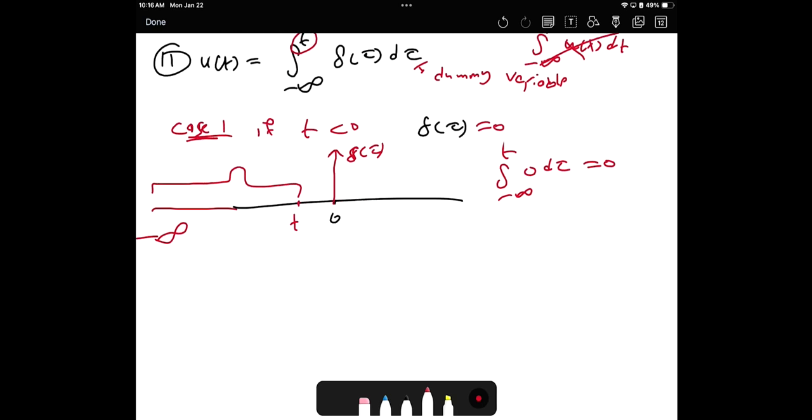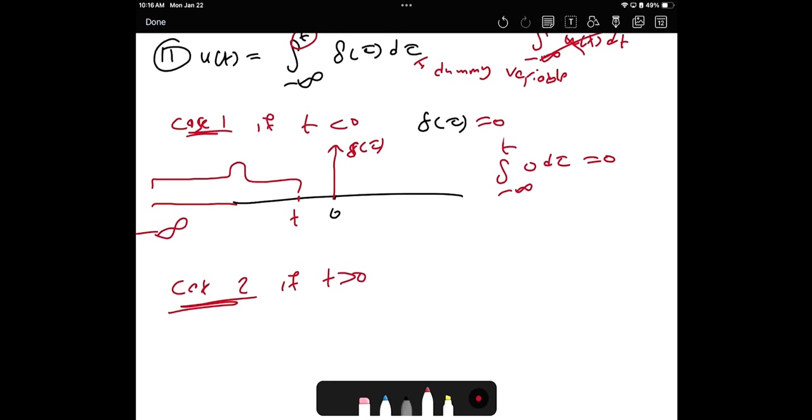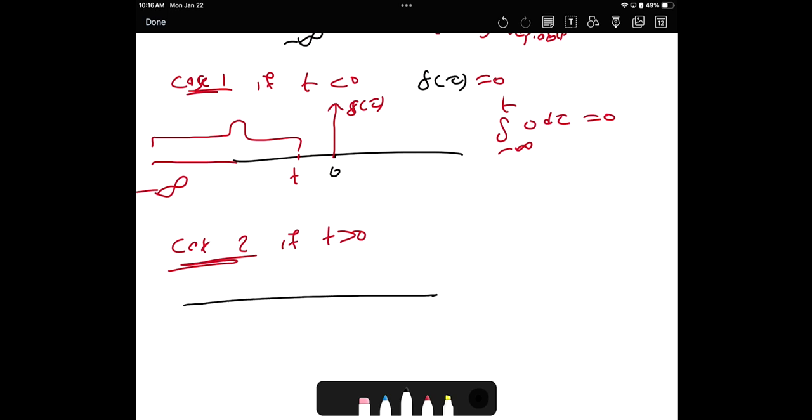While in case 2, if t is positive, then in this situation we are guaranteed to be covering the delta inside the integral. So here is 0, here is t, this is delta tau, and here is negative infinity. So I'm covering the delta, and since I'm covering the delta, the integral of delta is 1.